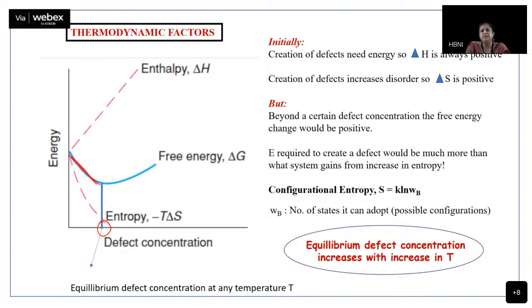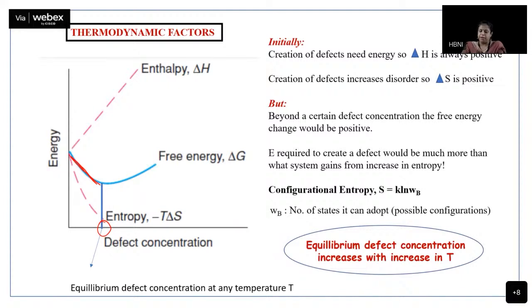This is the reason that is behind the fact that whatever you do, some amount of defects you cannot avoid. And the kind of defects created due to these factors are called thermodynamically generated defect. So basically, creation of defects decreases the free energy of the system. It imparts more stability to it.